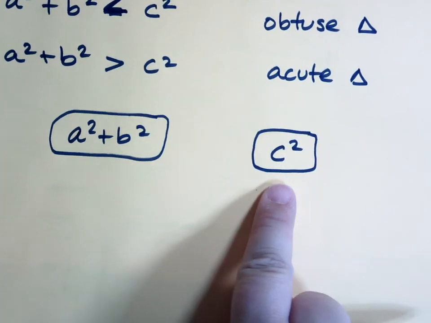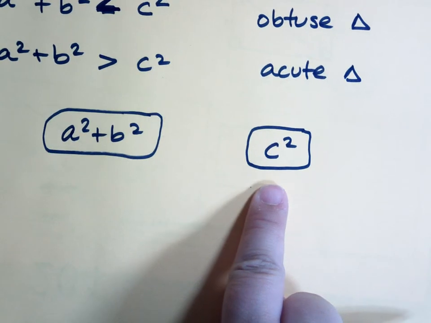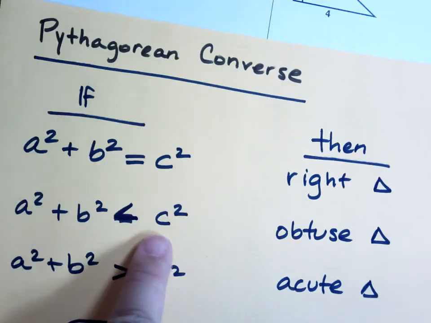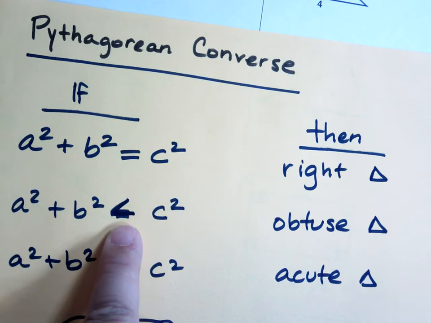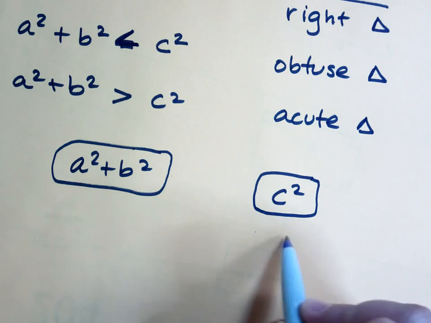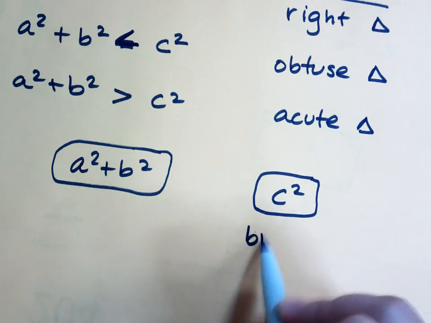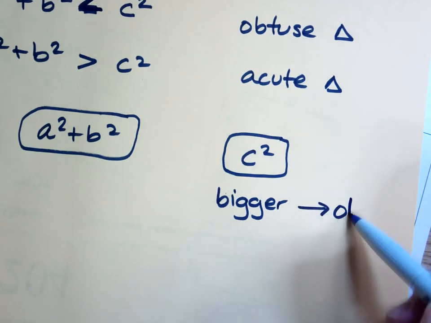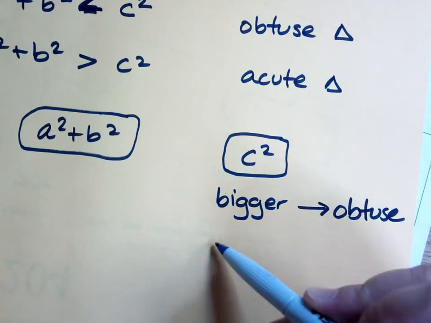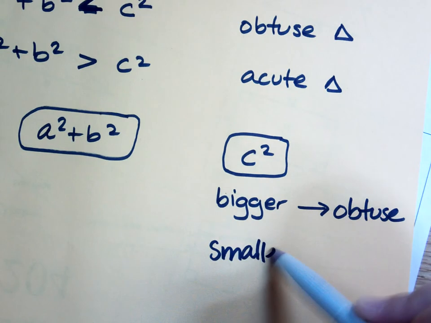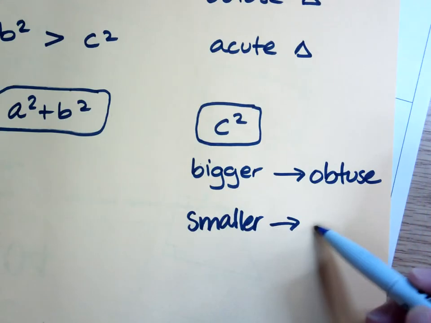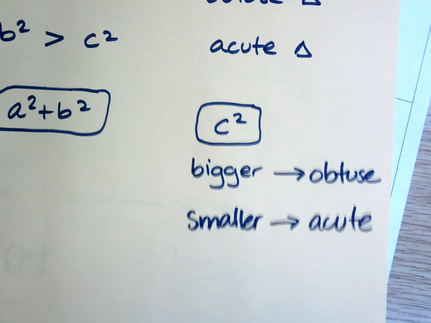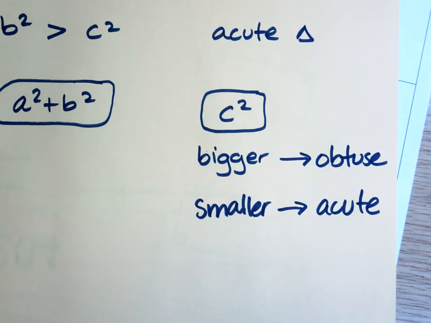In other words, if C squared is bigger than A squared plus B squared, it's obtuse. If C squared is smaller than A squared plus B squared, then it's an acute triangle. So base your decision on how C squared specifically compares to the other two squared and added.